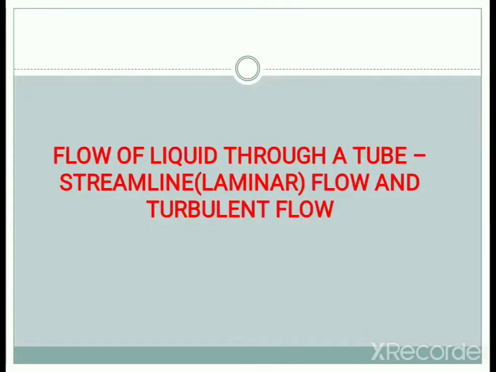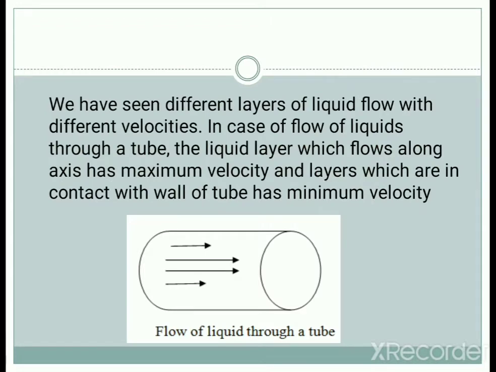In this video, we are going to study the flow of liquid through a tube and what is streamlined flow and turbulent flow. Now see, we have seen different layers of liquid flow with different velocities. In case of flow of liquid through a tube, the liquid layer which flows along the axis has a maximum velocity and layers which are in contact with the wall of the tube have a minimum velocity.